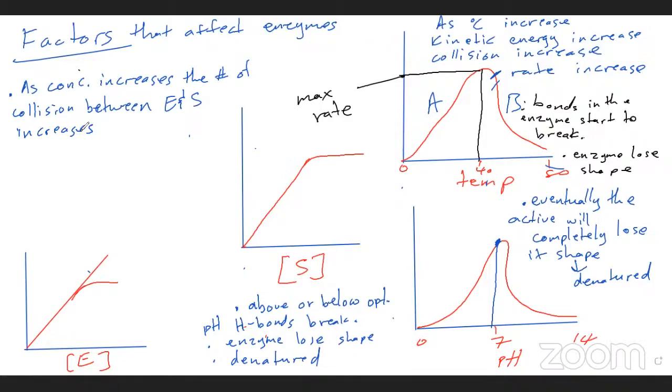Again, once you increase the collision, rate is going to increase. Concentration increases, the number of collisions between enzymes and substrate increases.